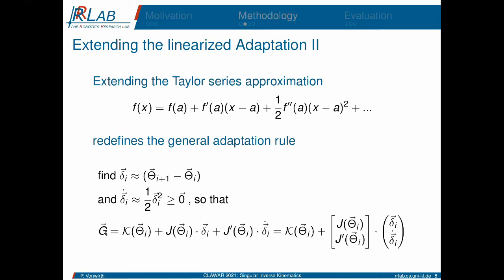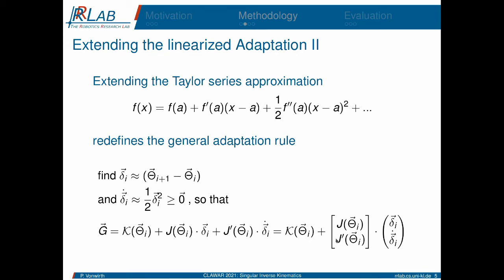So again, our goal is the position of the kinematic function kappa of the joints, and then the first derivative is the Jacobian, and then here on the right side added, the second derivative of the kinematic function is now the first derivative of the Jacobian matrix.